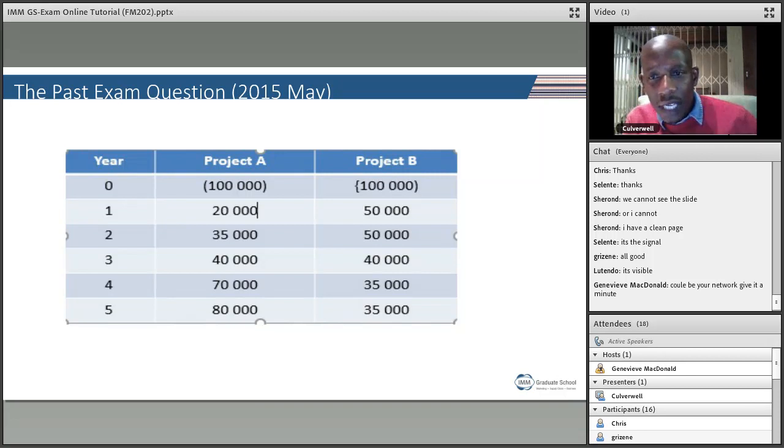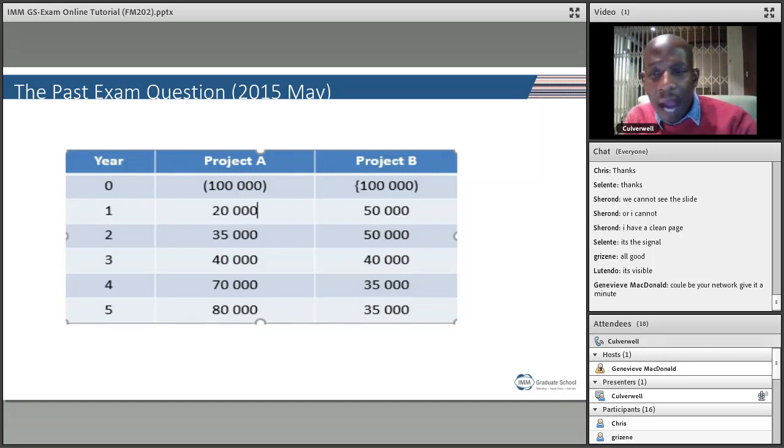I'll read those figures one more time. Project A, in year 0, you are spending 100,000, meaning it's in brackets, it's negative. Year 1, you're expecting to receive 20,000. Year 2, 35,000. Year 3, 40,000. Year 4, 70,000.